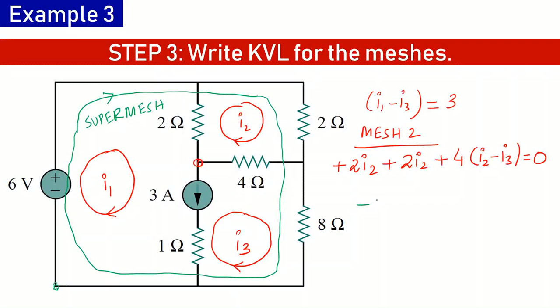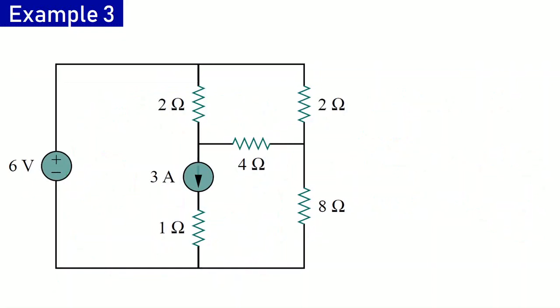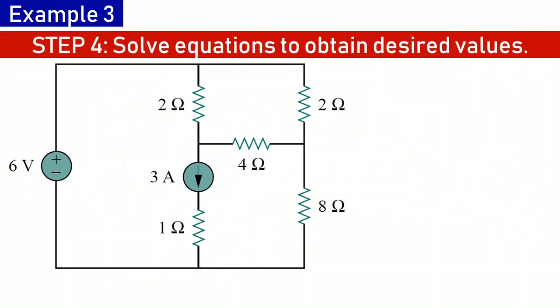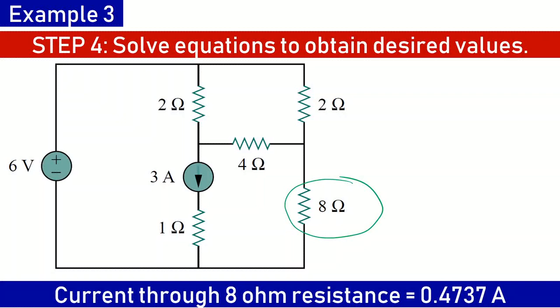The equation will be minus 6 plus 2 I2 plus 8 I3, and that is equal to 0. So we had 3 variables here, and now we have 3 equations. The final step will be to solve these equations, and since the current required was through 8 ohms, we were mainly interested in the value of I3. Once you solve it, you get the value of current to be 0.4737 amperes.